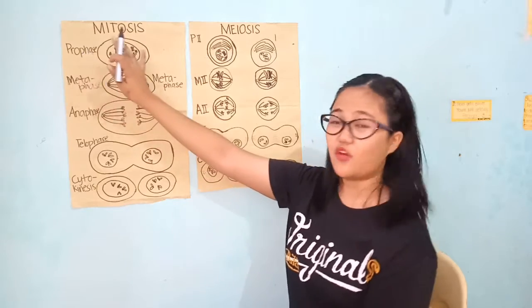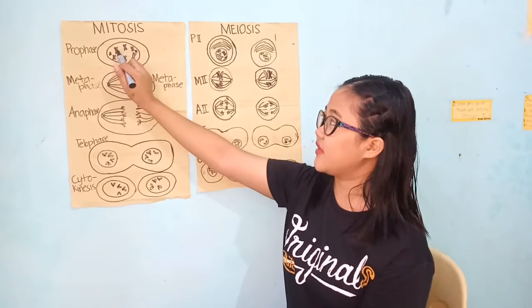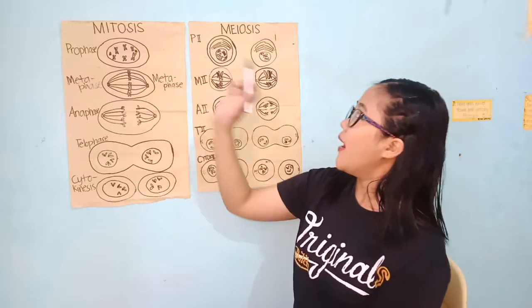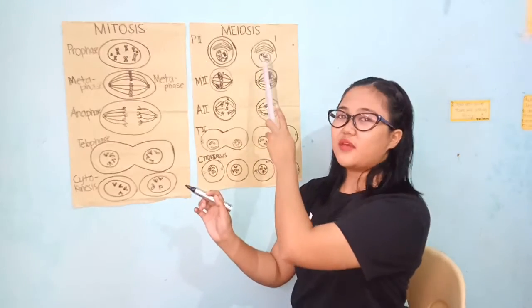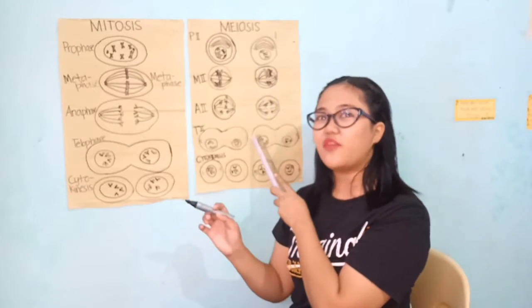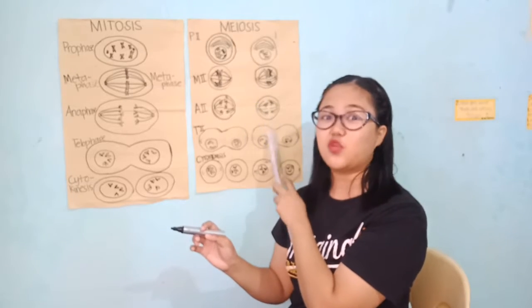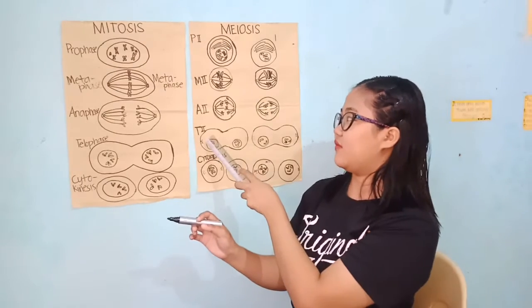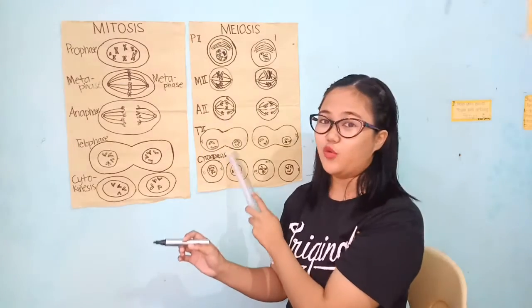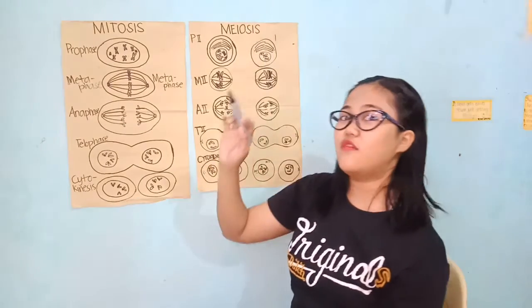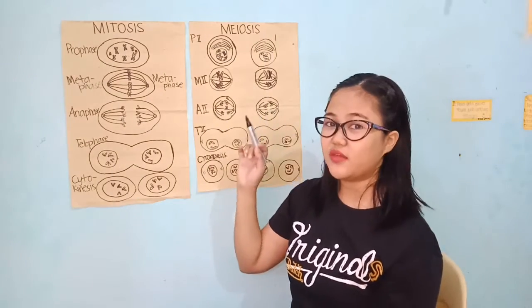In prophase of mitosis, the chromosomes are thickening. And in meiosis, there are two phases: phase 1 and phase 2. My drawing is phase 2 of meiosis, but I'll describe phase 1 of meiosis first.